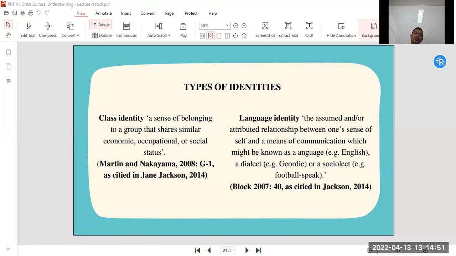So the identity you wish to project may not be fully recognized and accepted by locals. That is the ascription, because it may be contested or challenged no matter how fluent you are in English. Yeah, you can still be positioned as a second language speaker since your accent and other linguistic features differ from the native speakers.